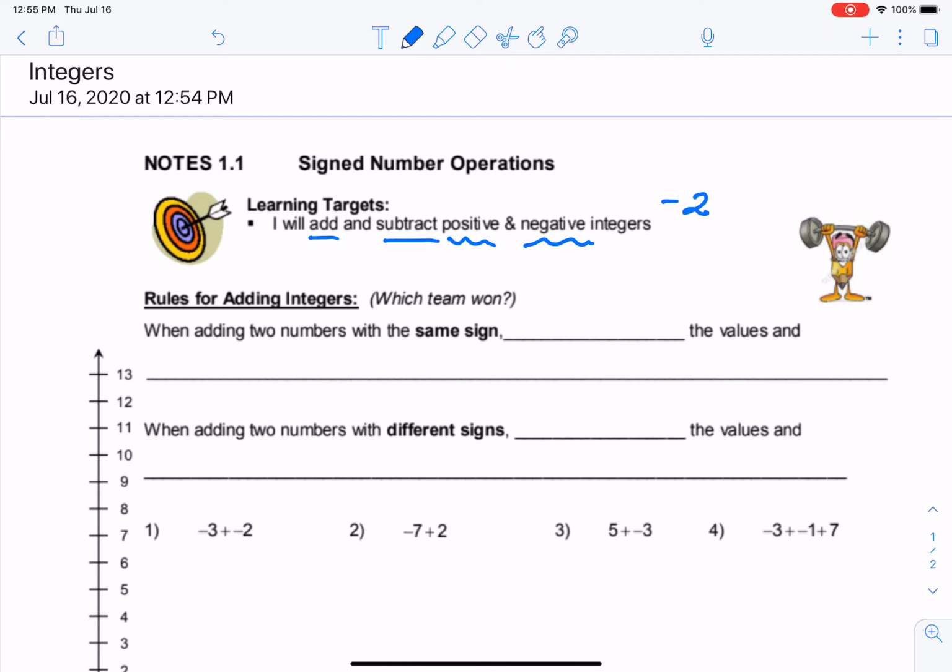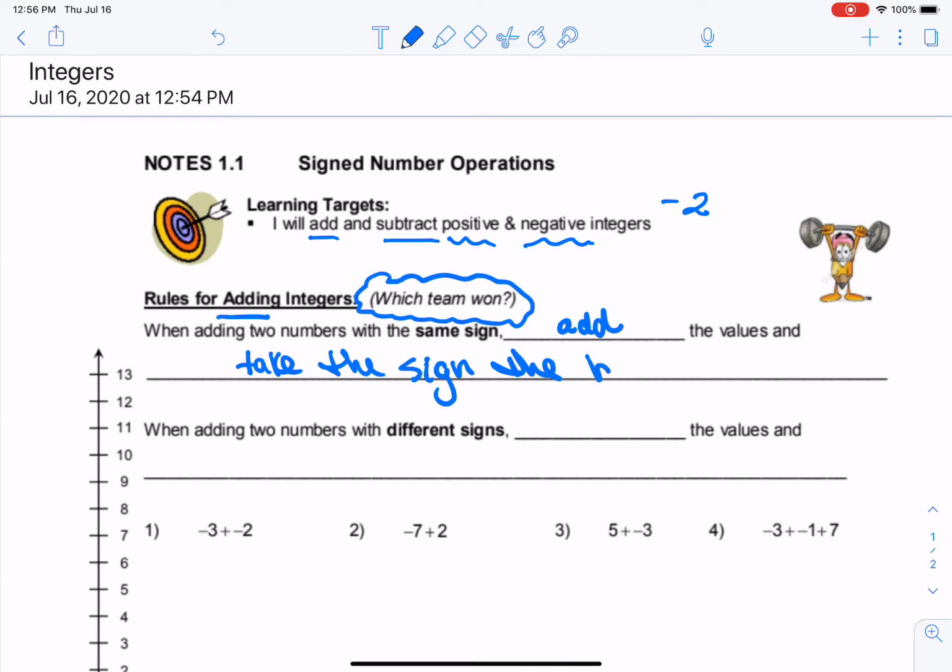All right, so the best way that I can describe how to do this is I always think of it as a competition. It's a competition between the positive numbers and the negative numbers. So here are two really important rules when you are adding integers. If I have two numbers that have the exact same sign, so both positive or both negative, I'm going to always add those two numbers together and take the sign they both have.